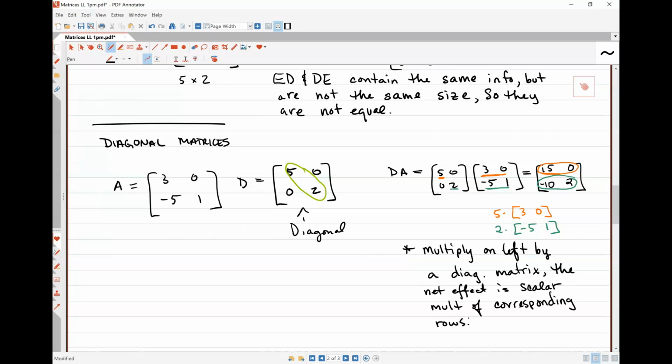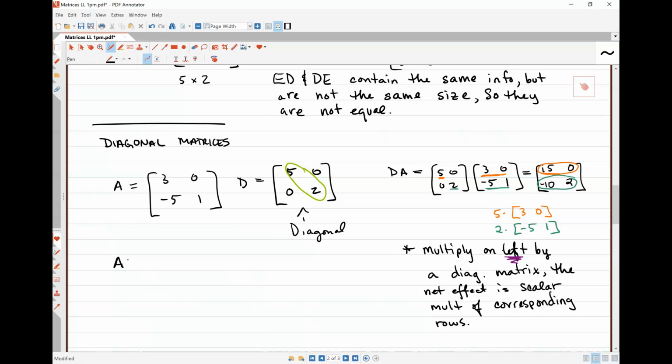On the other hand, we know matrix multiplication isn't commutative. And so if we multiply on the left by a diagonal matrix, we're going to get scalar multiplication of the rows. If you multiply on the right, let's see what happens.